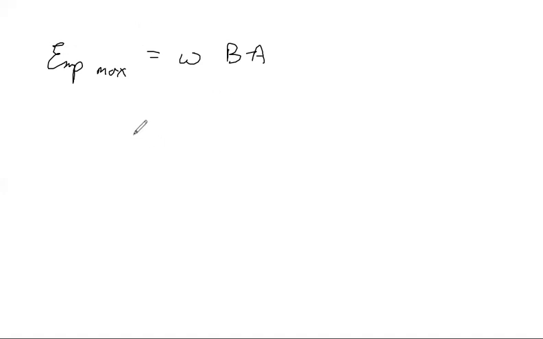So it grows with omega. That means you just cycle between positive flux and negative flux faster and faster. So that makes sense. It grows with the magnetic field, right?